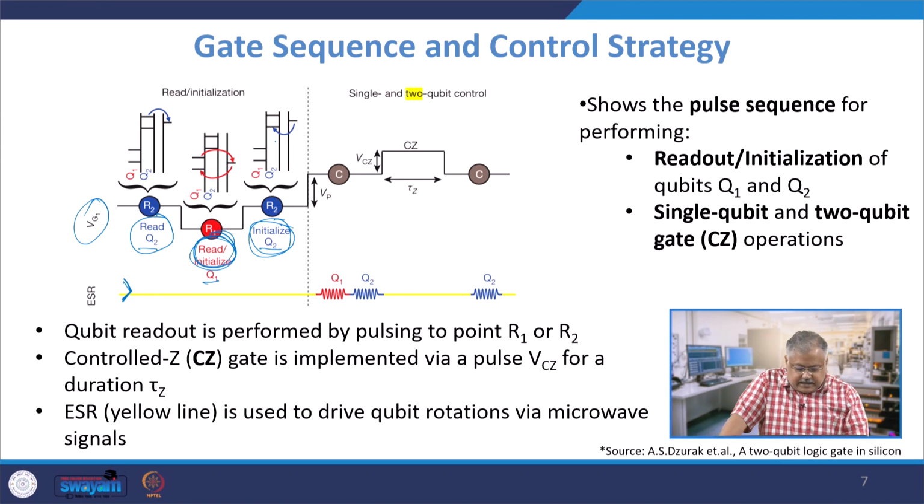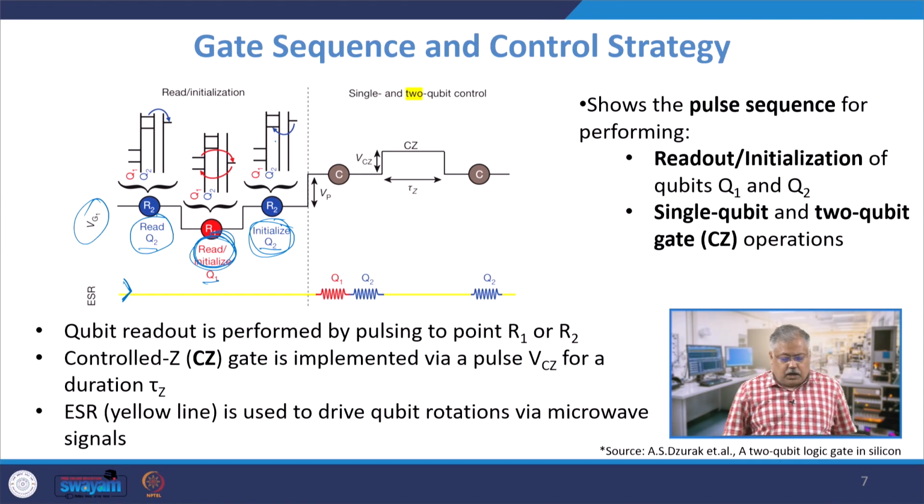Now these ESR lines are used to drive the qubit rotation via a microwave signal, and that is what I was talking about in the previous lecture, that you send your microwave signal to these ESRs, and they act on the microwave signals and drive the qubit rotation. So the qubit rotation will be either shifting by pi/2 in the clockwise direction or pi/2 in the anti-clockwise direction on the Bloch sphere, and you will be able to detect its value by using these concepts, right.